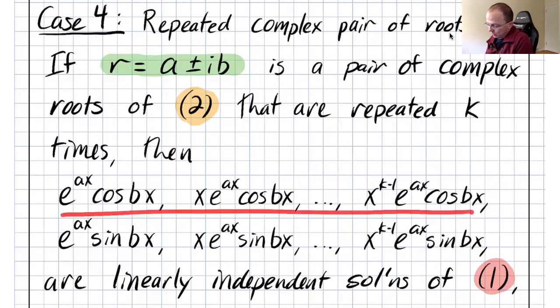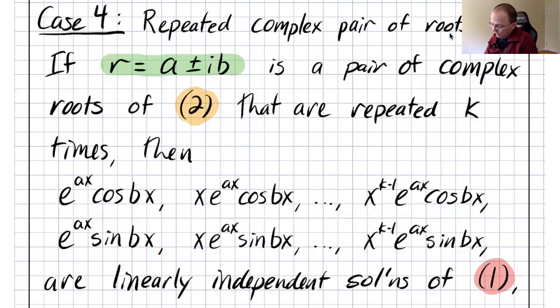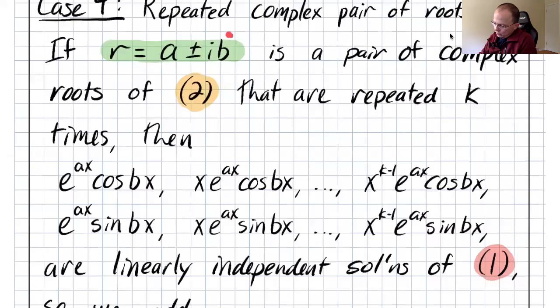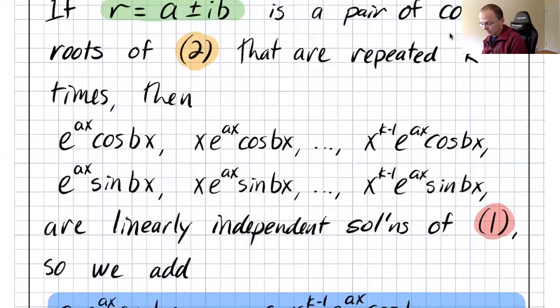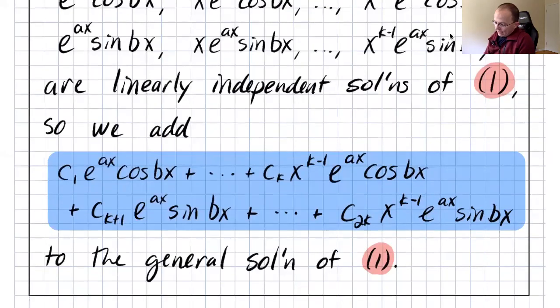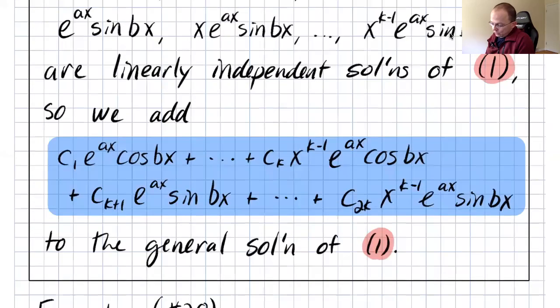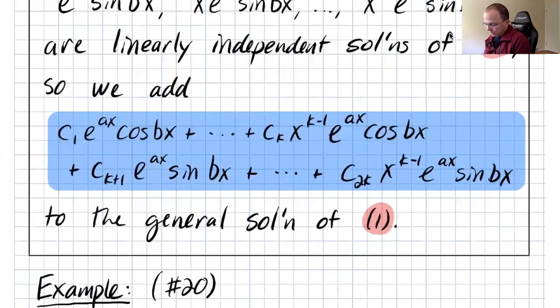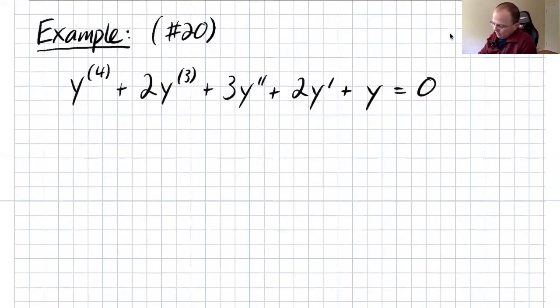So we get k solutions here, and another k solutions here. That gives us 2k solutions corresponding to the 2k roots, because each one of these pairs is 2 roots, and we get k of them. So we get 2k linearly independent solutions. Then we add a linear combination of those solutions to the general solution, and that looks like this, right? Okay, so let's do an example of this one.